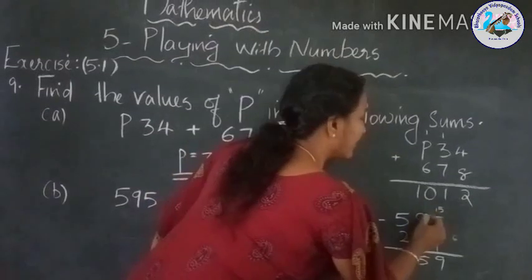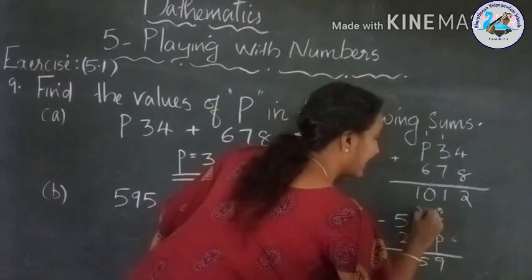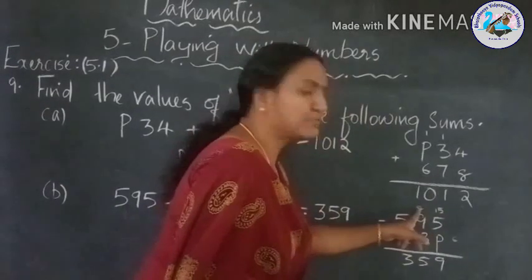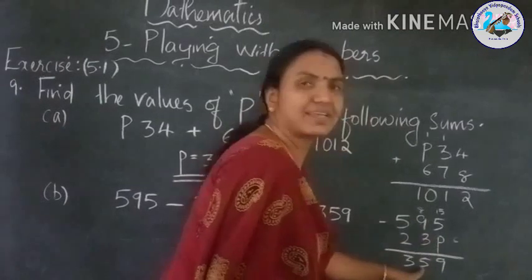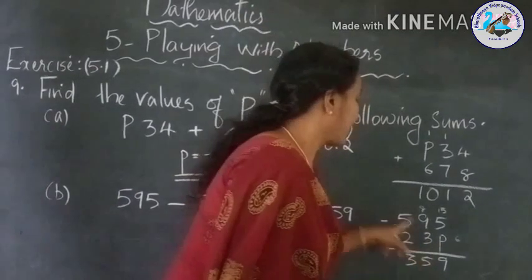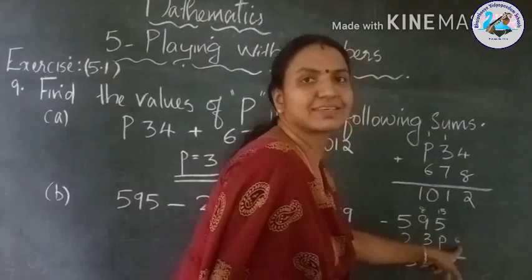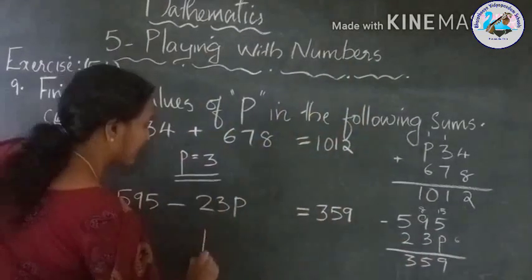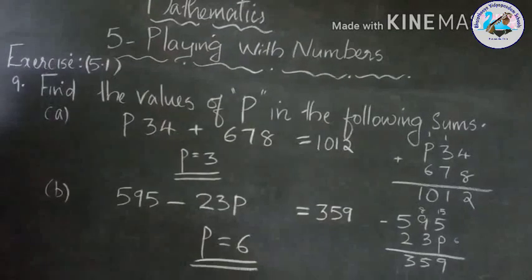So the tens place is less by 1, so 8. 8 minus 3 is 5. And 5 minus 2 is 3. So the value of P is 6.